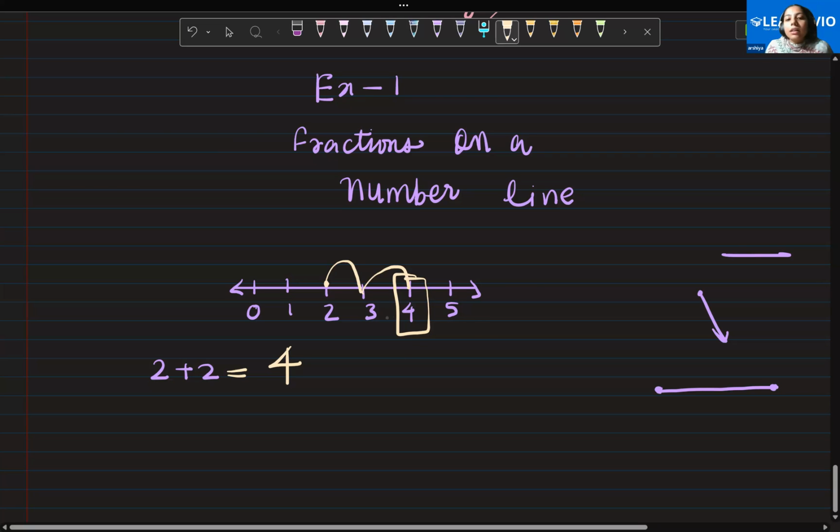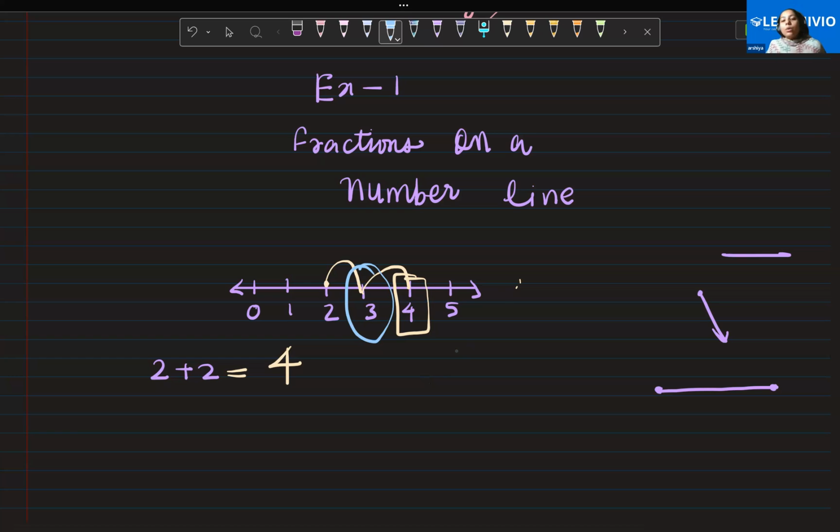You can do addition, subtraction, multiplication, or they'll simply ask you to mark where 3 is. So you'll make a number line and circle 3, like here is 3. Now for this one we have fractions on a number line. The number line is the same, but instead of whole numbers like 1 2 3, we will write down fractions. Okay, ma'am. Is it clear till here?